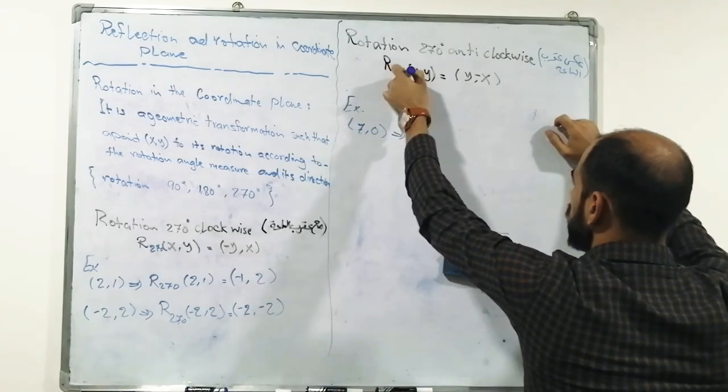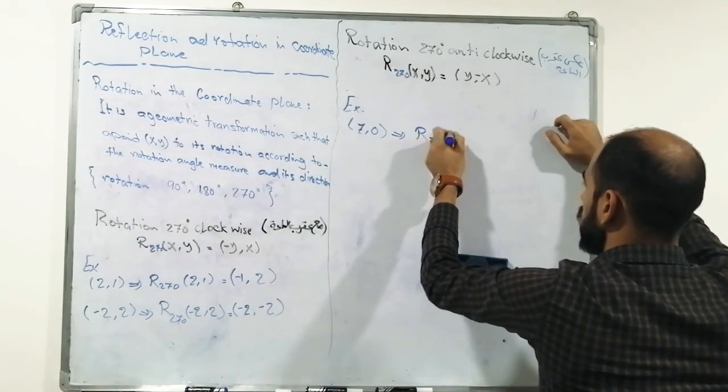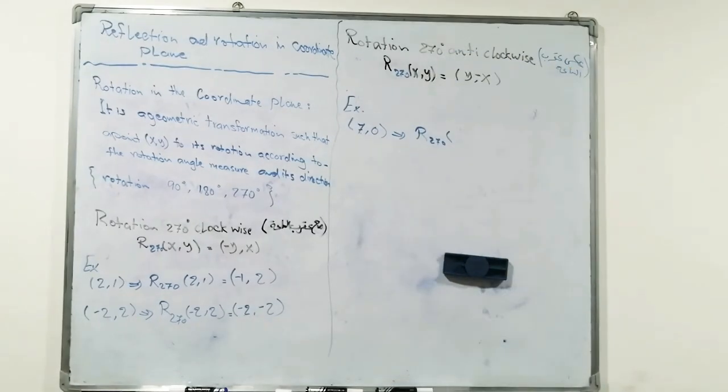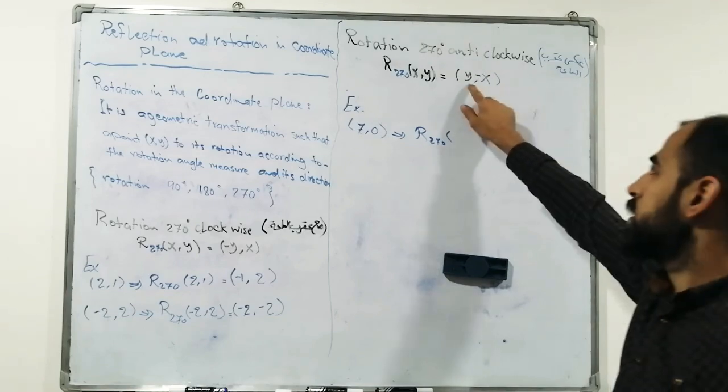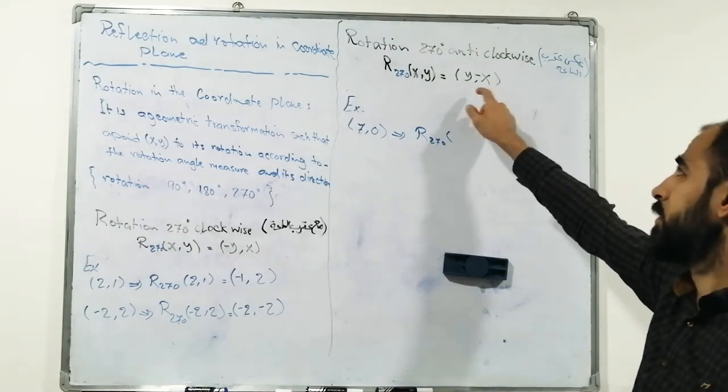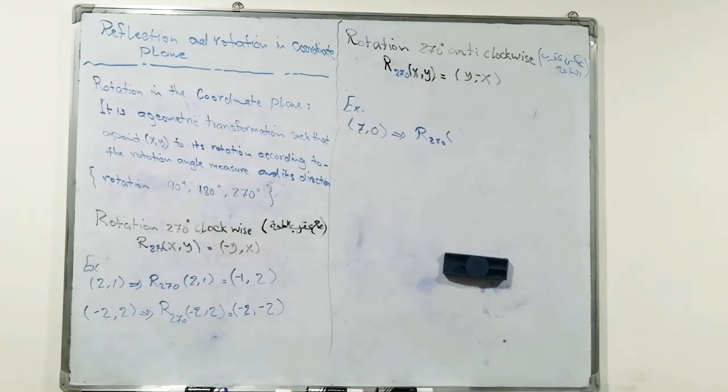The rotation 270 degrees anti-clockwise: the rule of anti-clockwise is to change y instead of x and x instead of y, but here we change the sign of the second part.